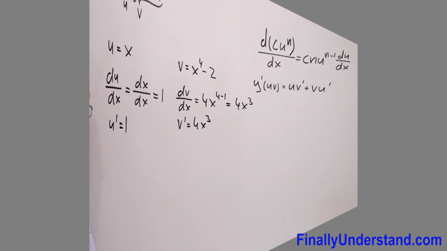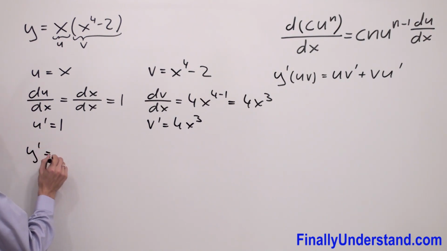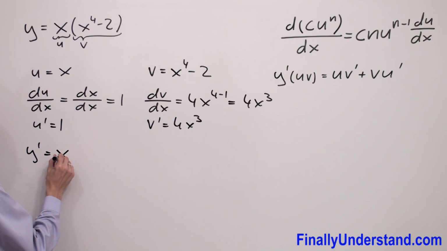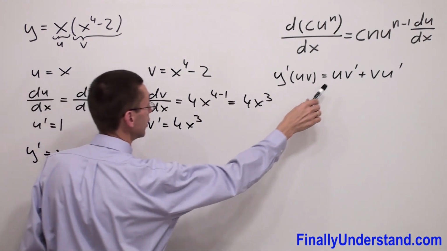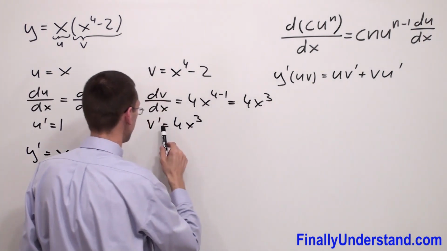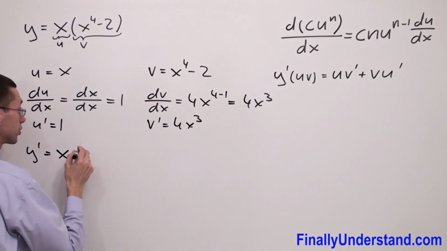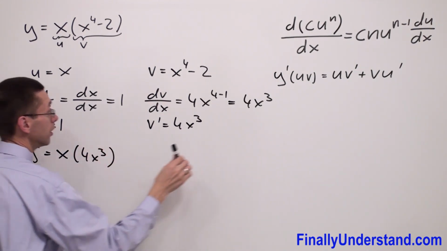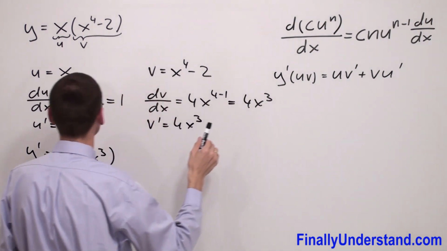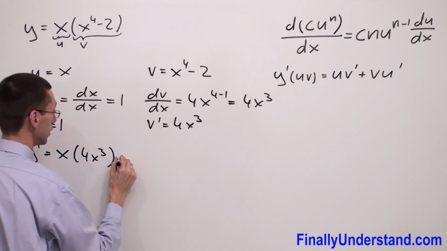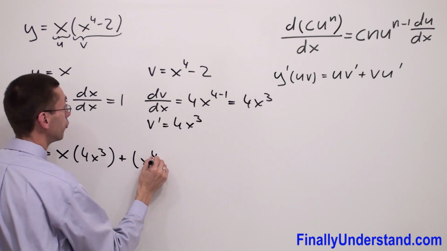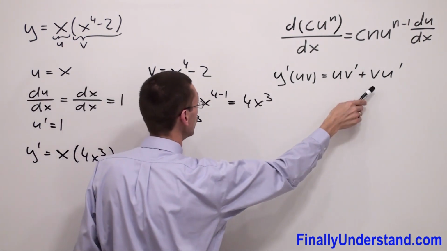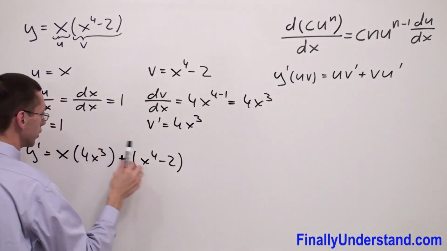So we have y prime equals u. My u is equal to x. So I have x times v prime. My v prime is equal to 4x to the 3rd. Plus v. v is equal to x to the 4th minus 2 times u prime, which is equal to 1.